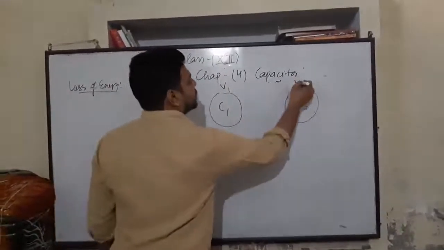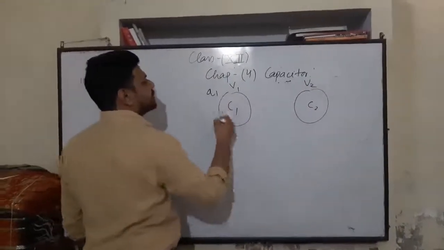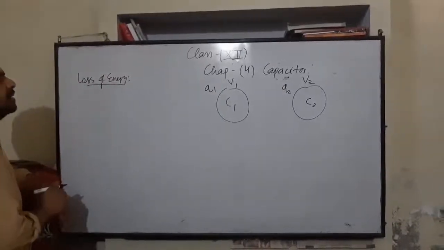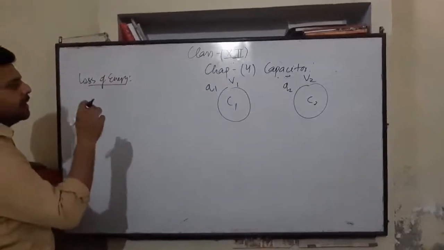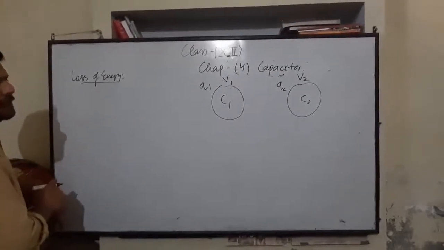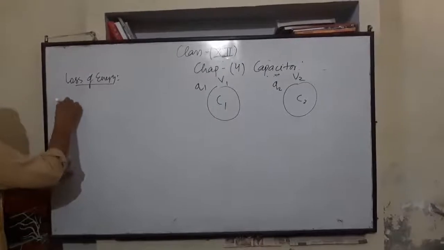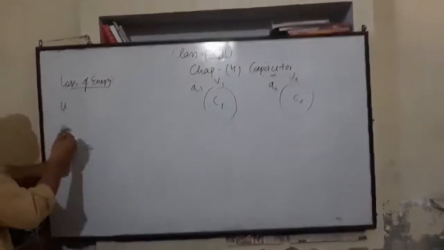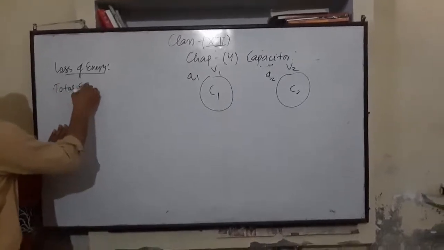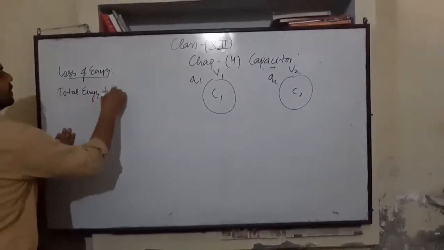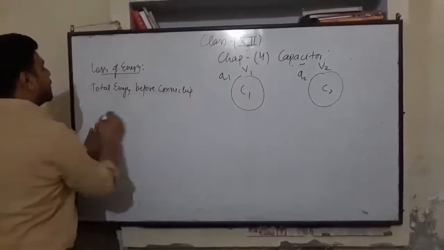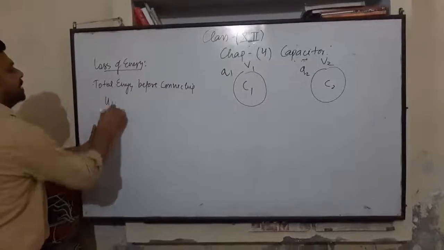Potential V1 and V2. Let the charge on this capacitor be Q1 and on this capacitor Q2. So, the total energy stored before connecting these two capacitors, the initial energy, is given by, let's say, U initial.